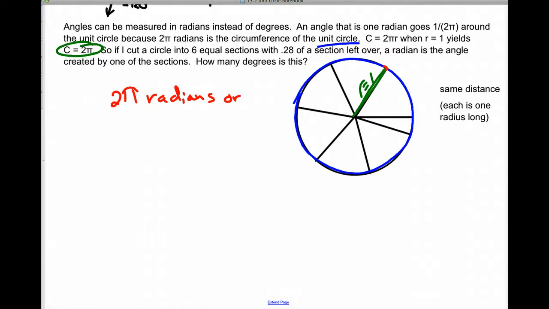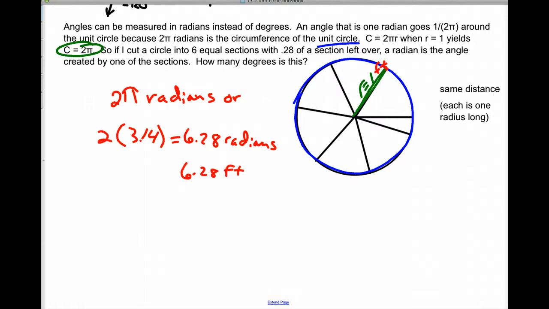Or I could say I walk 2 times 3.14, 6.28 radians. And the radian is basically the same thing as a radius. So in this case, the radius was 1. Maybe it's 1 foot. So if I decided to walk all the way around, I would go 6.28 feet.